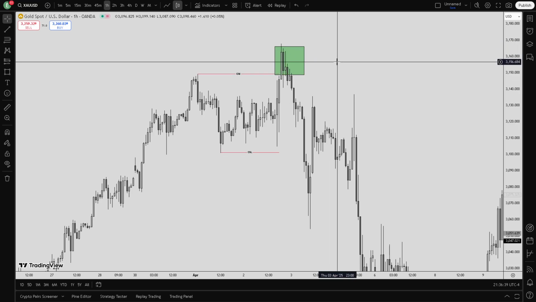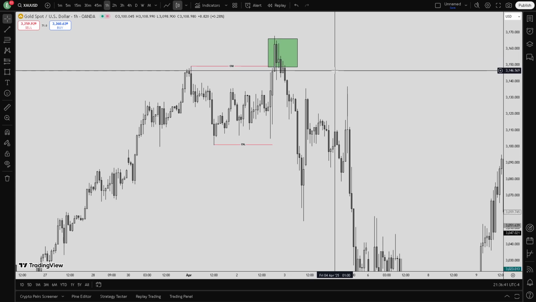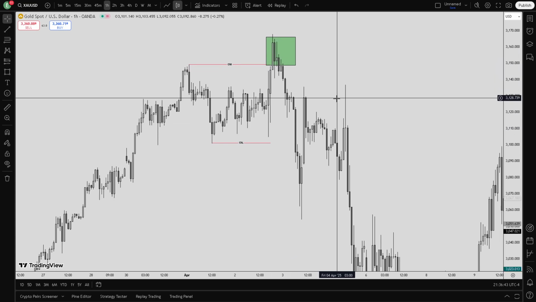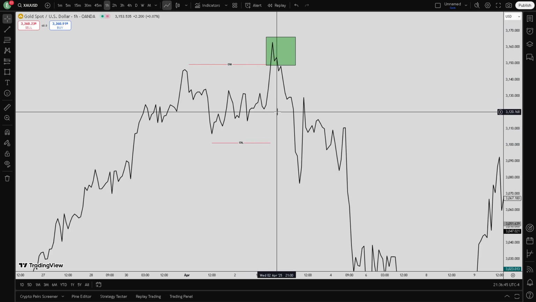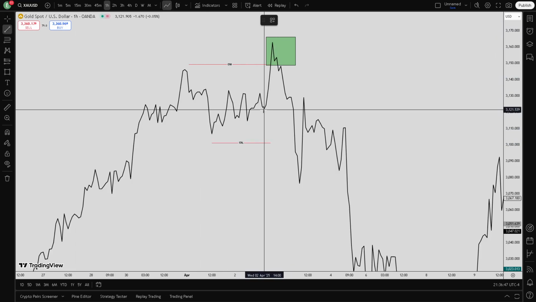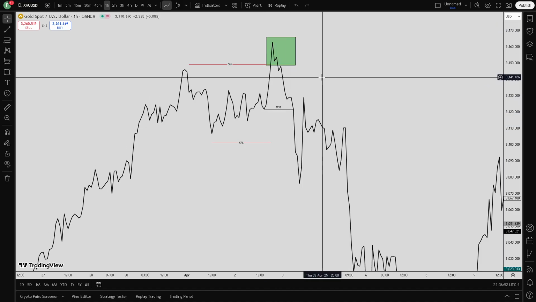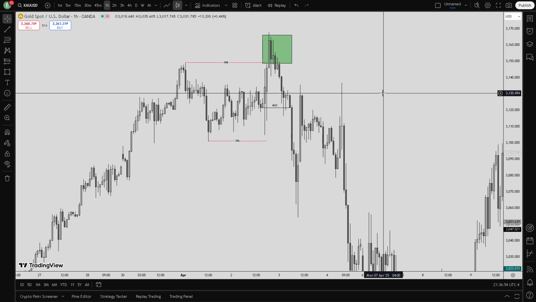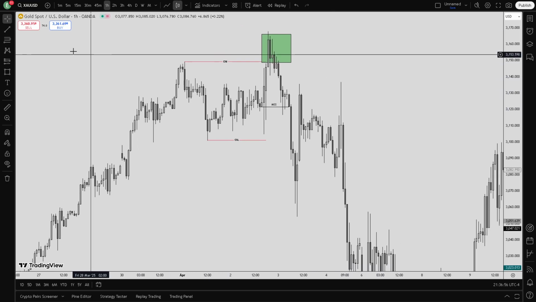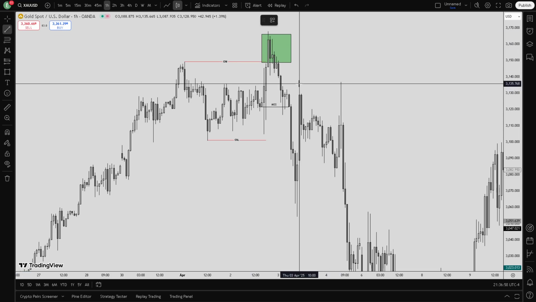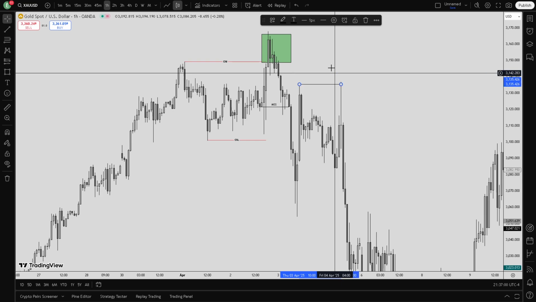You want to wait for a market structure shift. Your market structure shift is very simple. Right here, you can find it. That is your market structure shift. And now you want to wait. You want to find your IDM inducement. So you spot a liquidity on the hour.